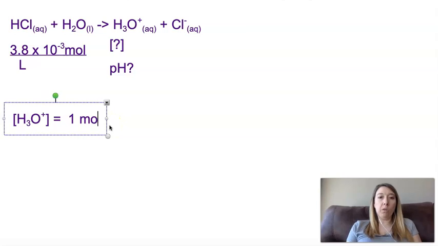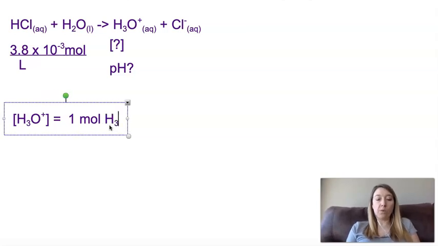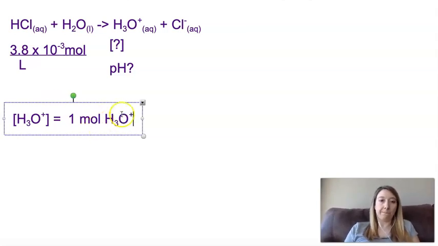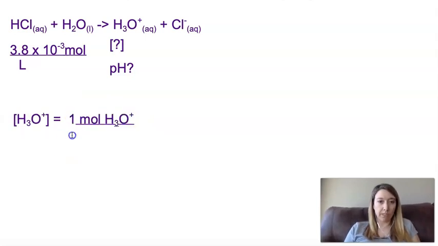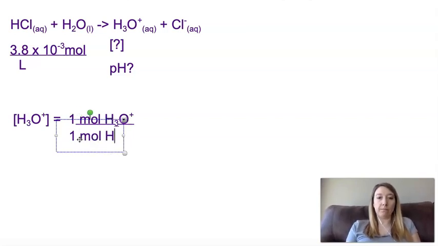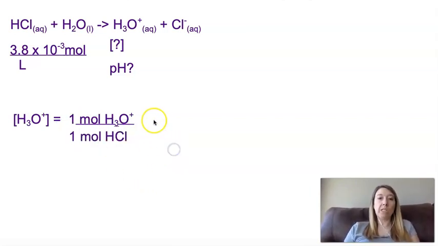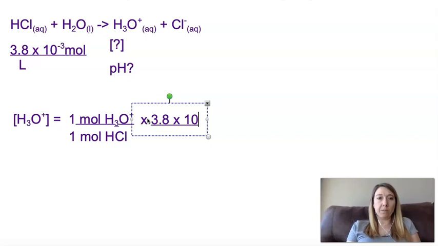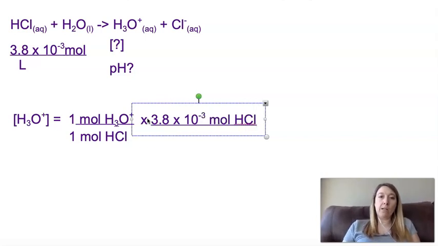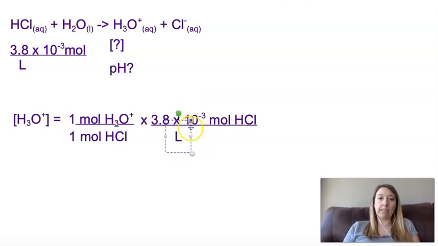So we're going to do 1 mole of our H3O plus over 1 mole of HCl. We need to get rid of moles of HCl, so we are going to times by 3.8 times 10 to the negative 3 moles of HCl per liter.